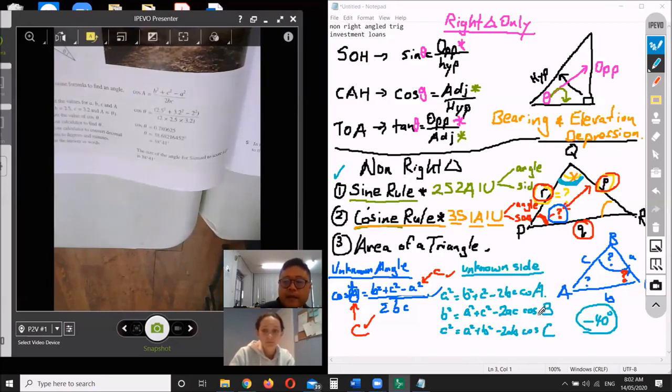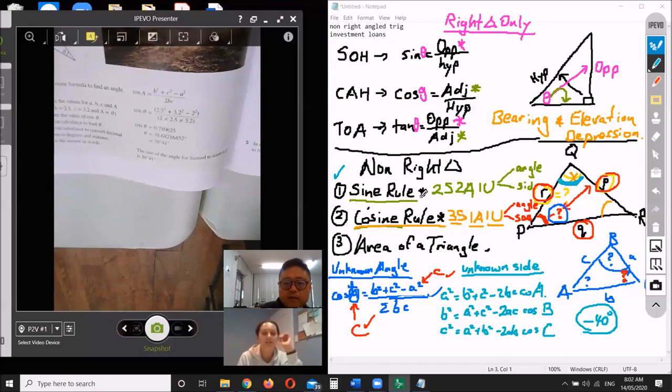So whenever you get a negative angle using the cosine rule, just add 180 to it, and that'll give you the obtuse angle. Oh, I remember this now. Okay, so they're probably the two tricks.